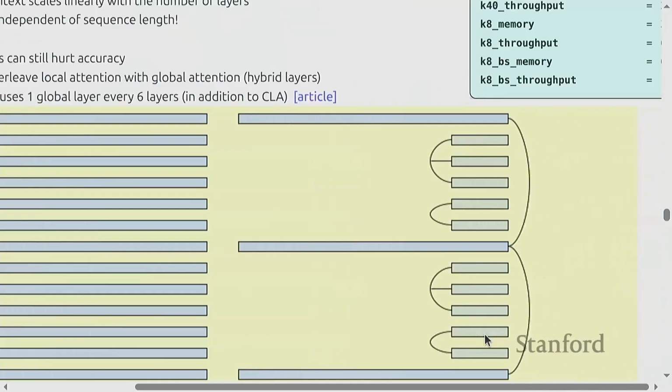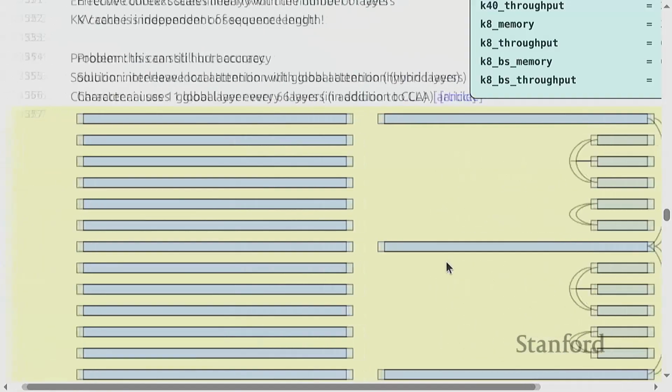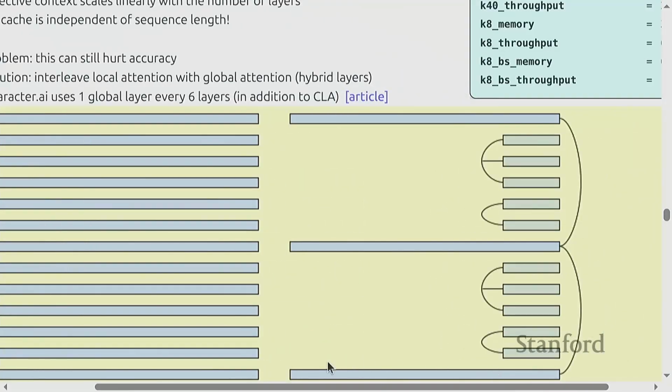What they did is that for every 6 layers you have the full attention, but in between you have local attention. On top of that, they have KV cache sharing locally, for both the local attention and the global attention. So this combines many of the tricks together.